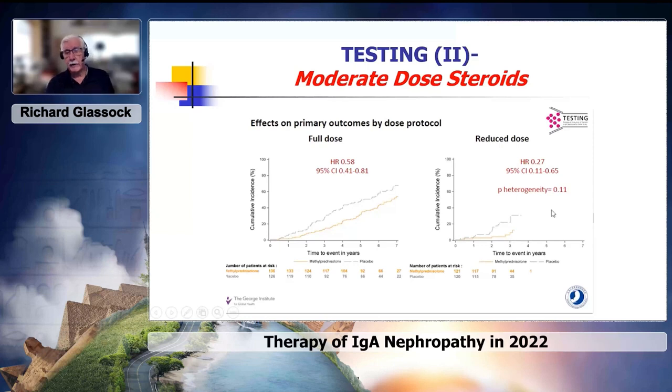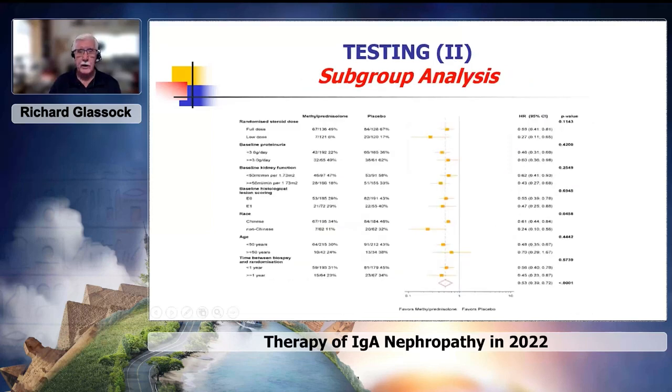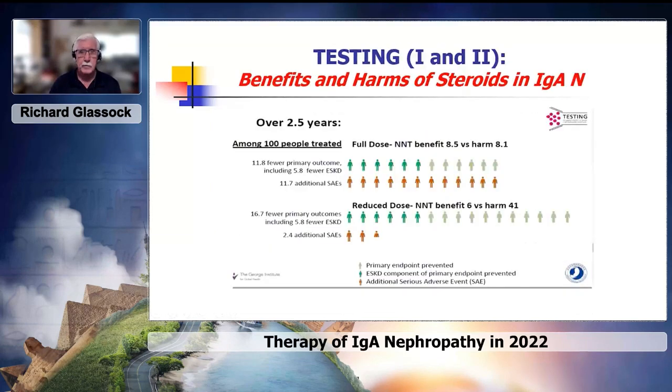In fact, the reduced dose had an even more powerful effect on outcomes, at least for up to 3 years after enrollment. So the moderate dose testing 2 trial confirmed the findings in testing 1 at half of the dose of steroids without side effects.